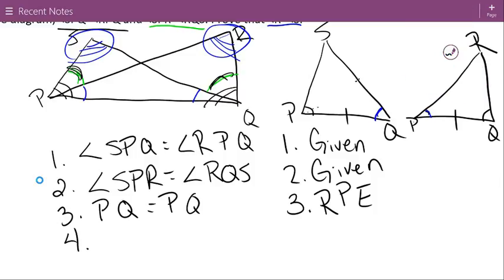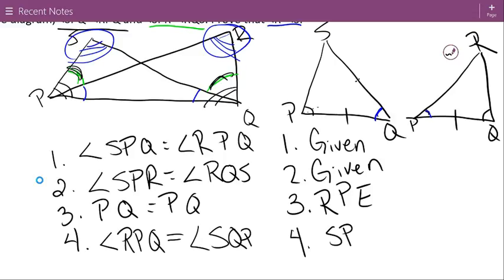Okay, so we know that the big angles are equal because they told us that. That's what this says up here. We know that these smaller angles are equal. So then we know that angle RPQ is equal to angle SQP because of the subtraction property of equality.